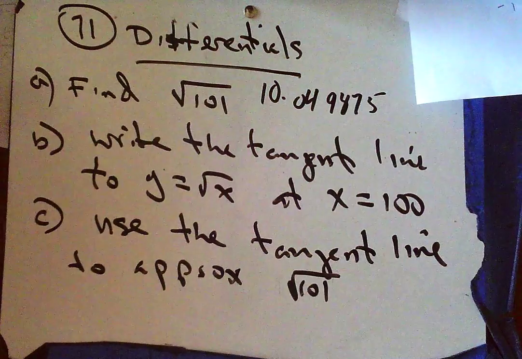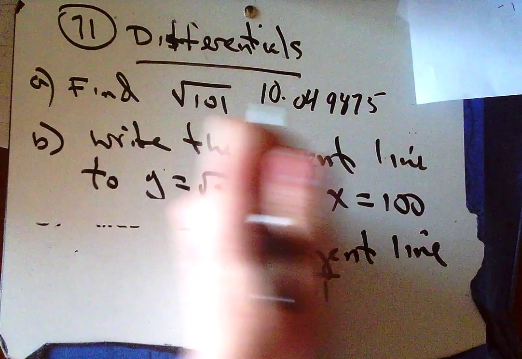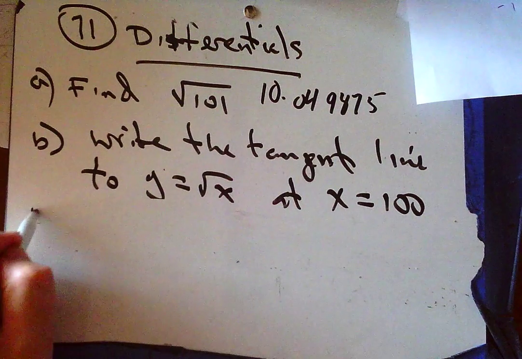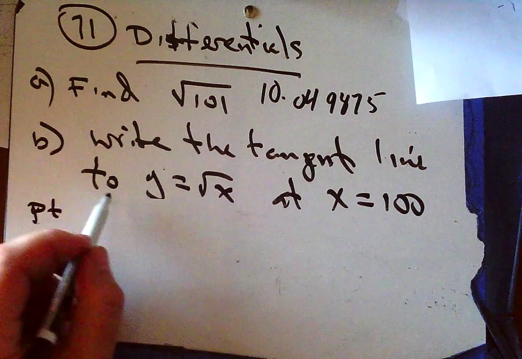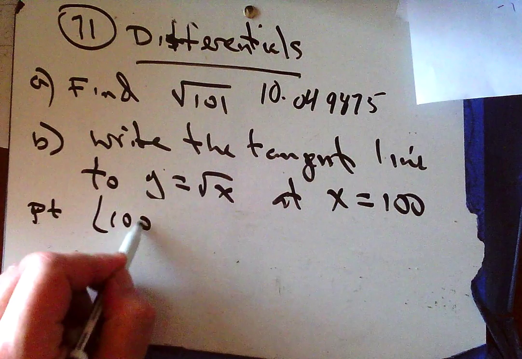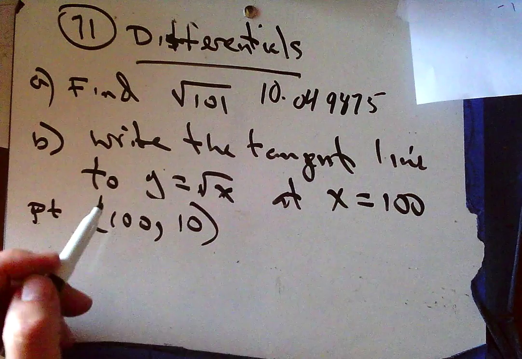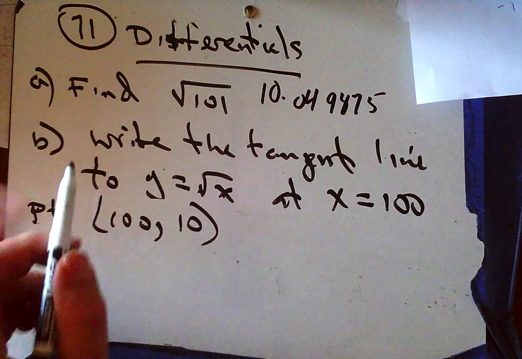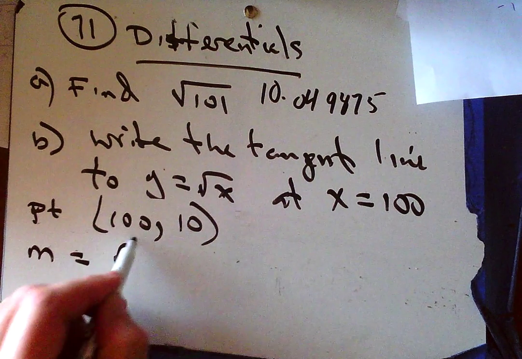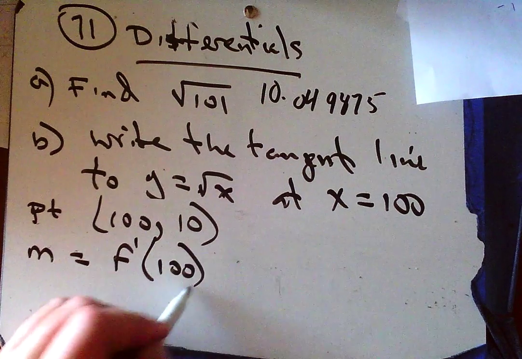Great. So now what information do I need to write the tangent line? Well, I need a point, and the x value of that point is 100. And when I plug 100 in here, the square root of 100 is 10. So I've got my ordered pair. But I also need a slope, and for us, that's going to be f prime of 100.